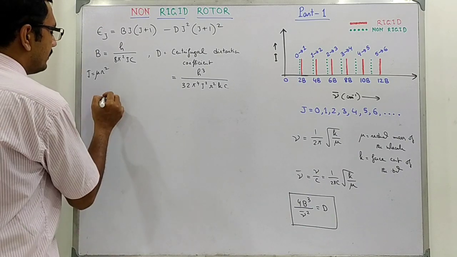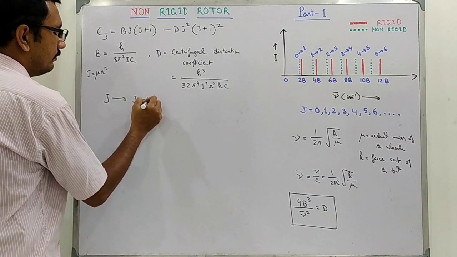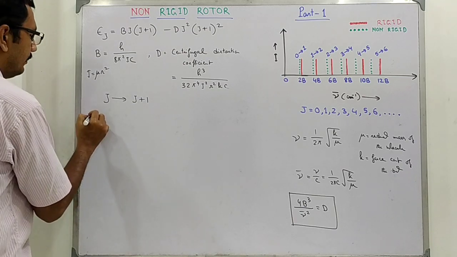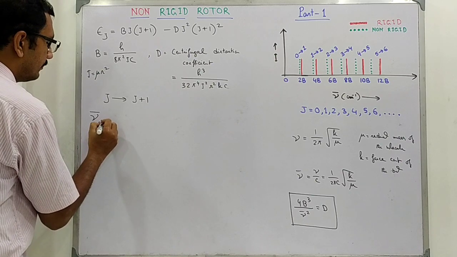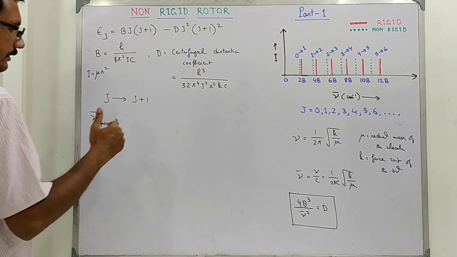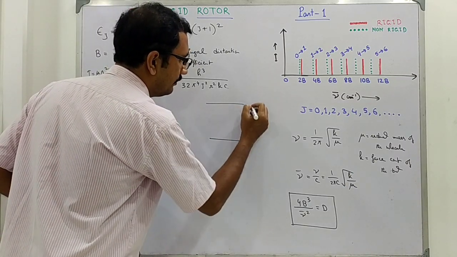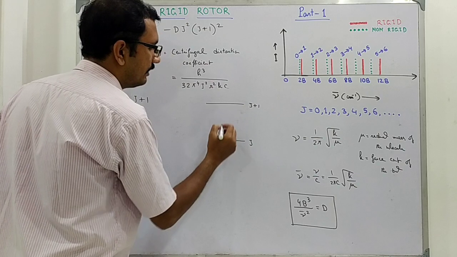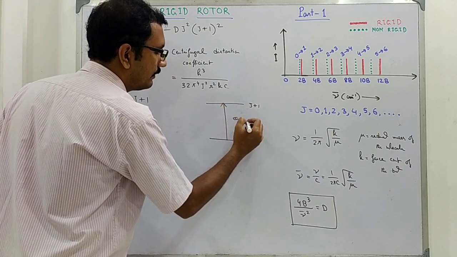So, let us consider the transition from J state to J plus 1 state, so that the nu bar spectrum, that is the radiation that will be required to carry out the transition.